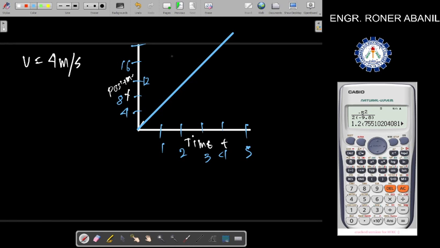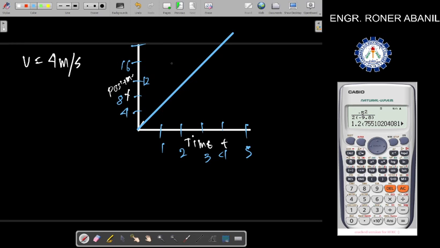So, in constructing the graph, we used the fact that the velocity was a positive 4 meters per second. Suppose, however, we're given the graph but did not have prior knowledge of the velocity. The velocity could be determined by considering what happened to the bike between the times of 1 and 3, for instance.